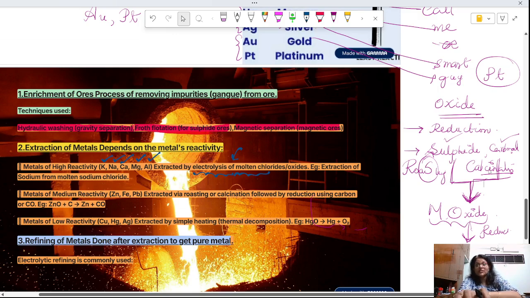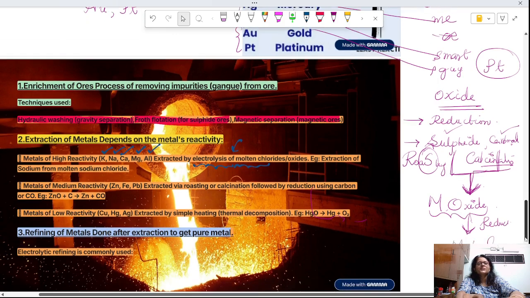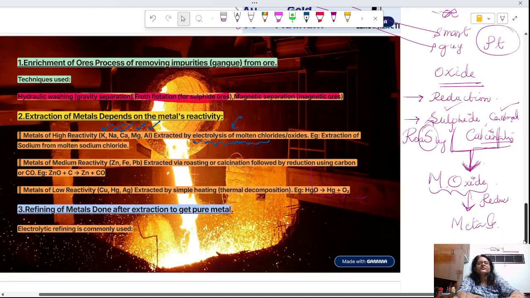Basically it is an oxidation reaction and it is converted into oxides. Then after it is converted into oxides, it will finally be reduced, by heating it or by using reducing agents. That is the case of the medium reactive metals.